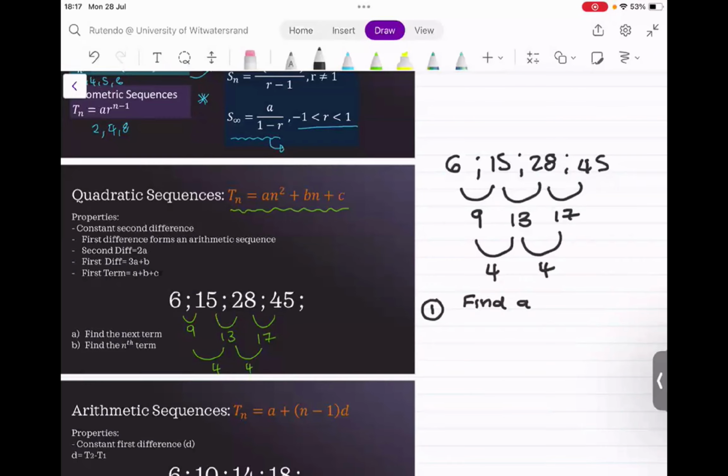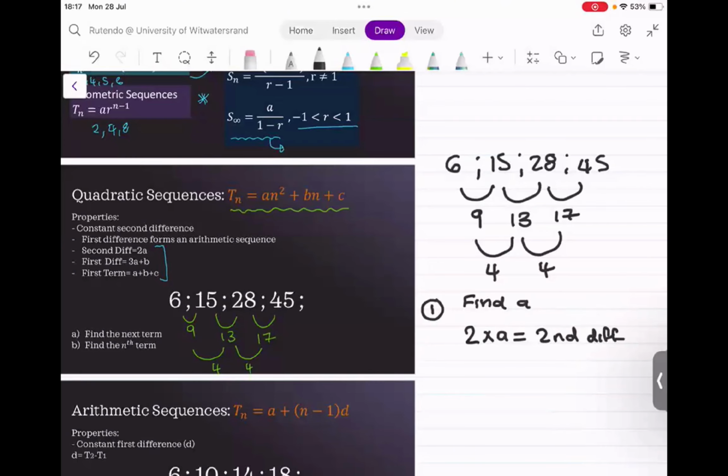Okay, so my first step with quadratics is to find my A, right? And we always follow these steps here, the ones that I've outlined here. So the first step is to find my A, and I find that by saying 2 multiplied by A is going to be equal to my second difference, right?